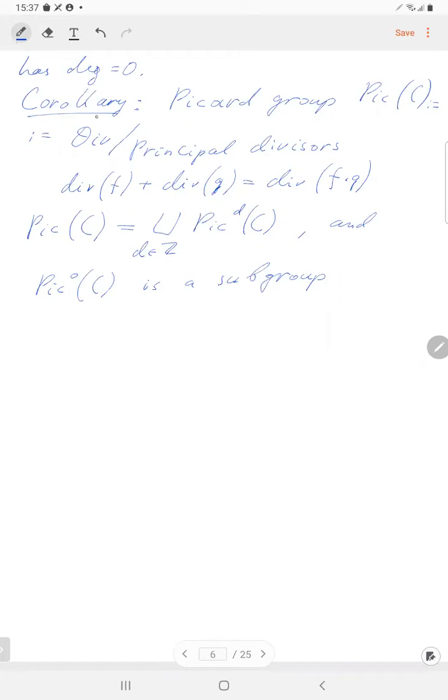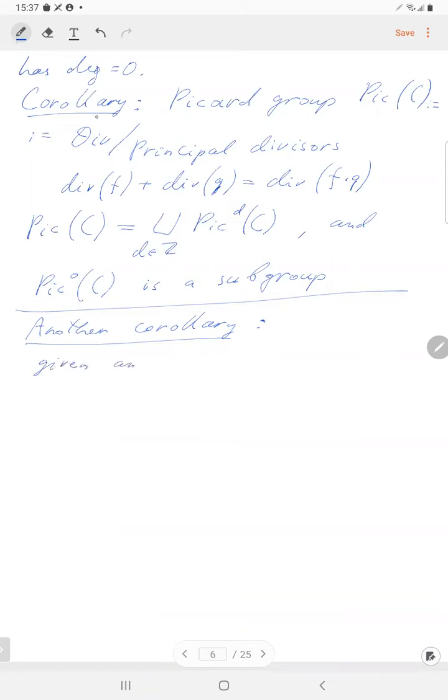Fine, and then also maybe another corollary is that we can define degrees of invertible sheaves or line bundles.